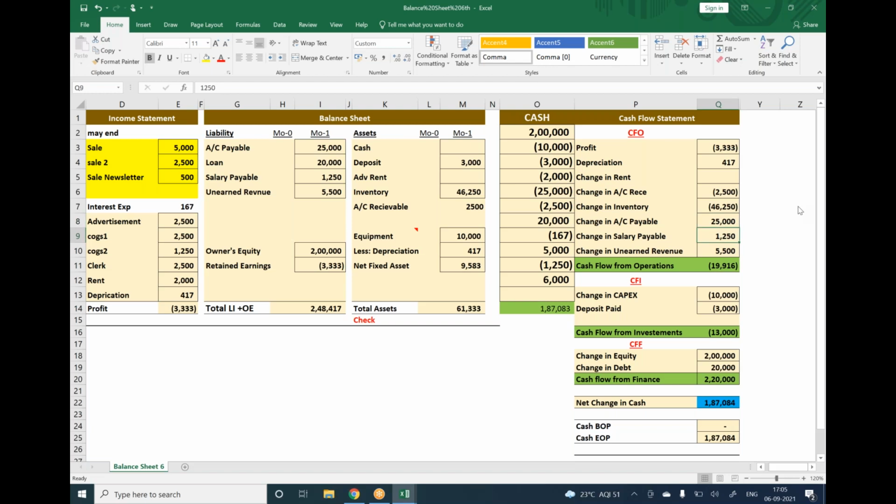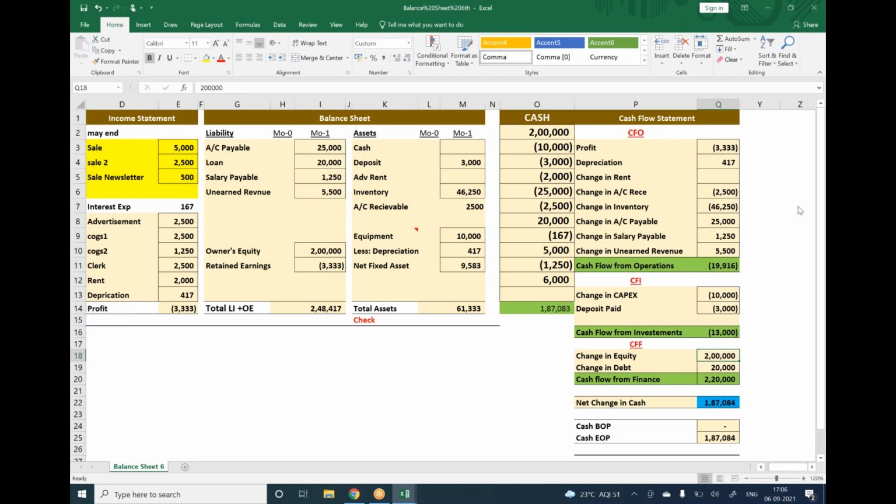Change in salary payable: you're supposed to pay 1,250. Unearned revenue, yes. 19,916. Change in capex is the gross fixed asset, so this is correct. Deposit paid, yes, minus 3,000, correct.